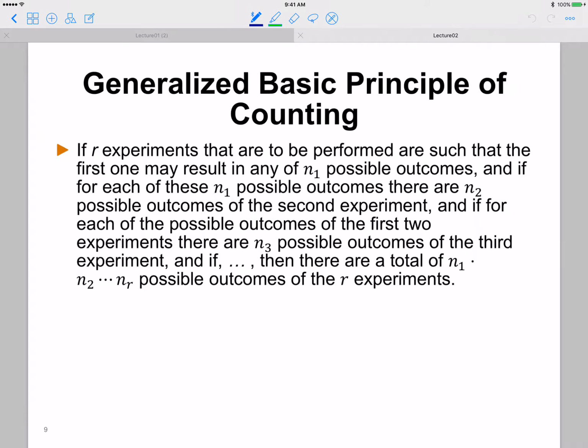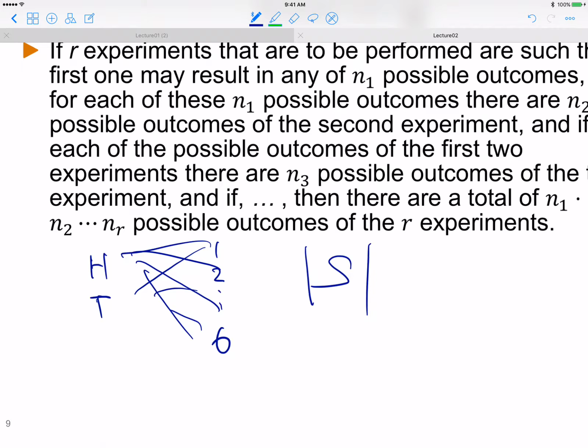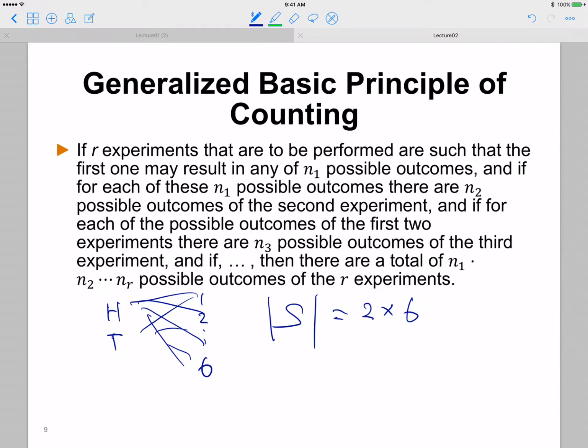So we have head or tail, and we have 1 through 6 as a possible outcome, and then consider all the possible combinations, right? And so the number of possible outcomes in this case, or the number of elements of the sample space, is 2 times 6. Okay. Yeah, it's quite simple, and this is called the cardinality that I mentioned earlier.